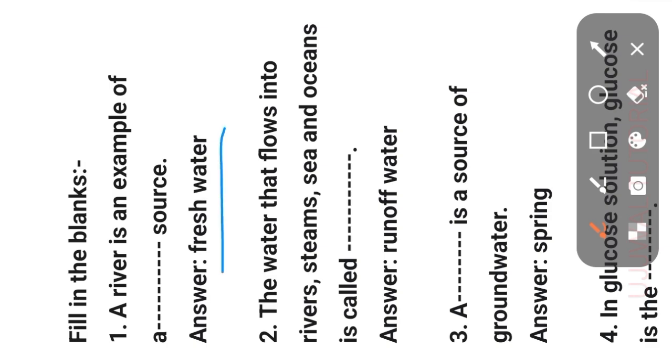The water that flows into rivers, streams, seas and oceans is called runoff water. Next question, question number 3. A dash is a source of groundwater. The answer is spring.